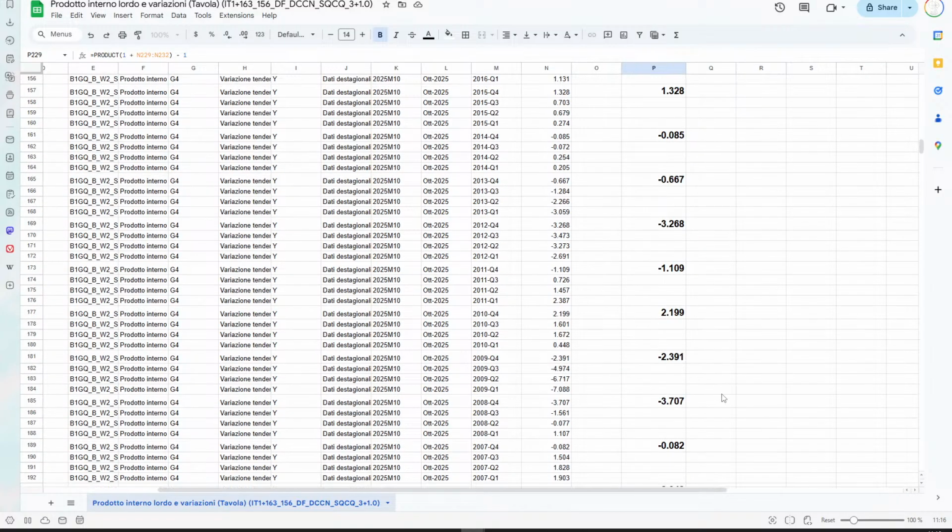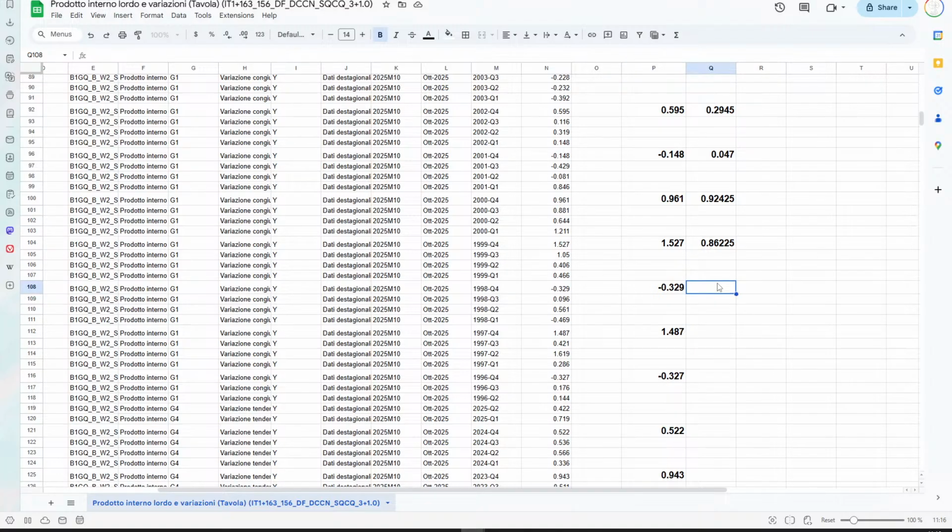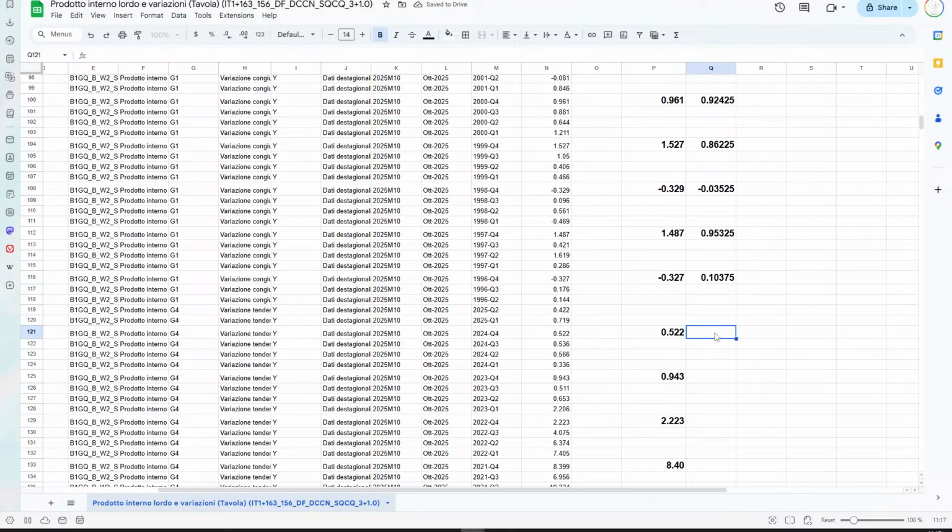So that's not a question of the euro or the lira or whatever you want to say. It's not a question of the currency. It's a question that most probably the Italians suppress their domestic wages to have a competitive wedge for exports.